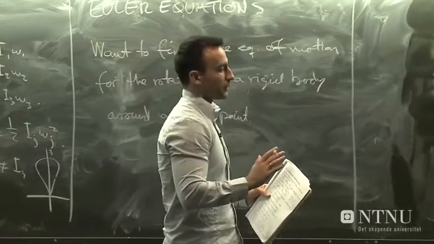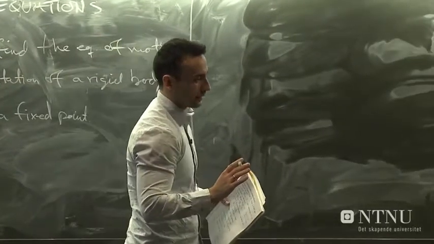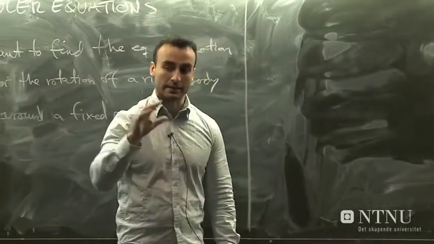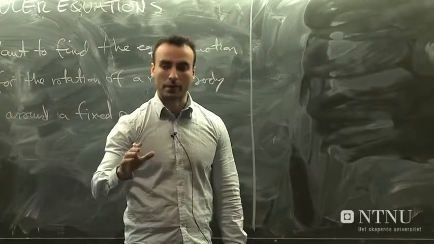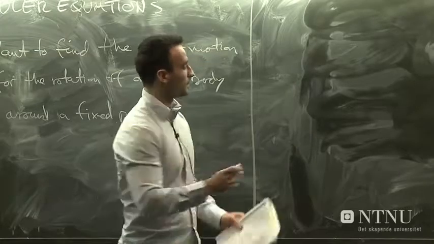Okay, so we'll start out by considering a situation where we have a stationary system with some observer, for instance us. And then we have the body, which corresponds to the rotating system.